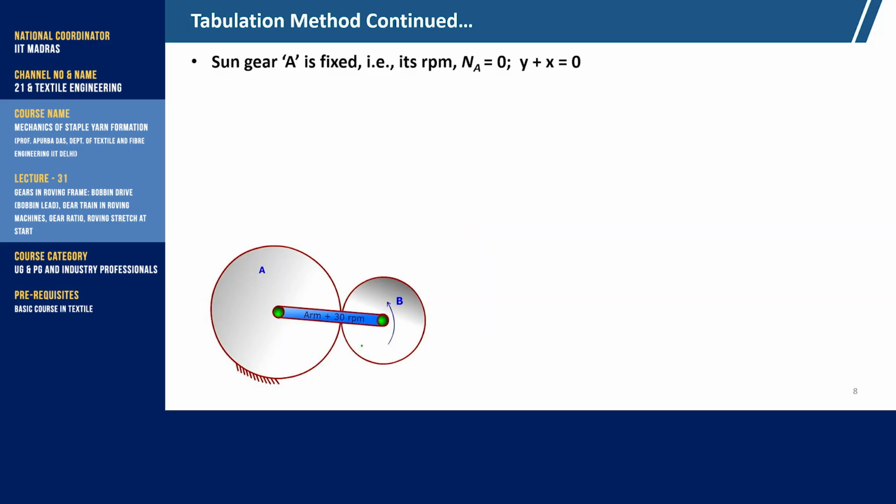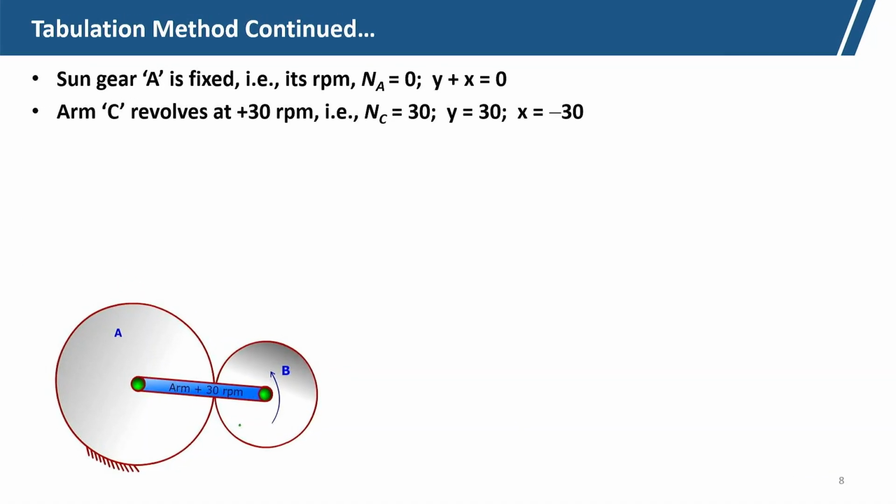Now, sun gear is fixed, that is N A is 0, so y plus x equals 0. So, arm C revolves at plus 30 rpm. N C is nothing but y, as we have seen in the earlier table, so x will be minus 30.